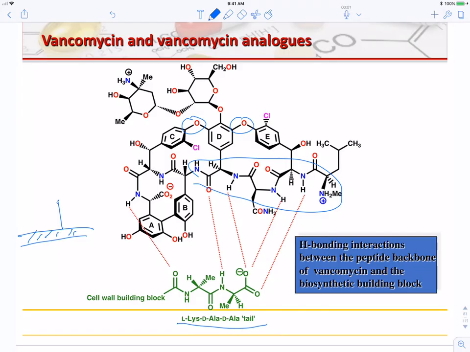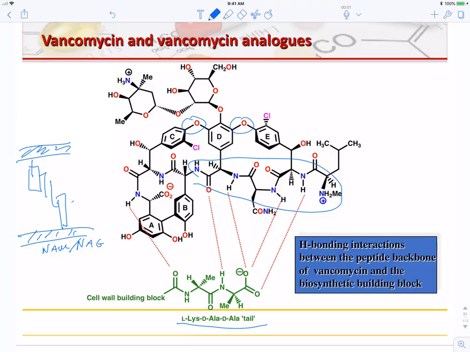So here we have our NAM, NAG unit with the pentapeptide, the muramic peptide, and then a glycine tail, and then we'll have another one nearby. This can be either parallel or up and down.